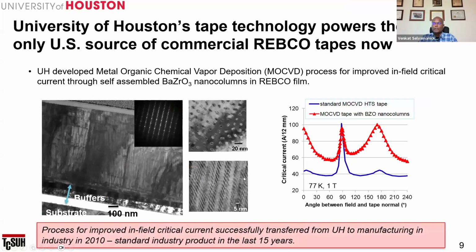One of the earlier works that we did was developing a process called metal organic chemical vapor deposition, or MOCVD, where we developed unique architectures and compositions to achieve superior current carrying performance in high magnetic fields. This was developed back in 2010, and was transferred to industry that licensed the technology, and it's a standard industry product for the last 15 years.